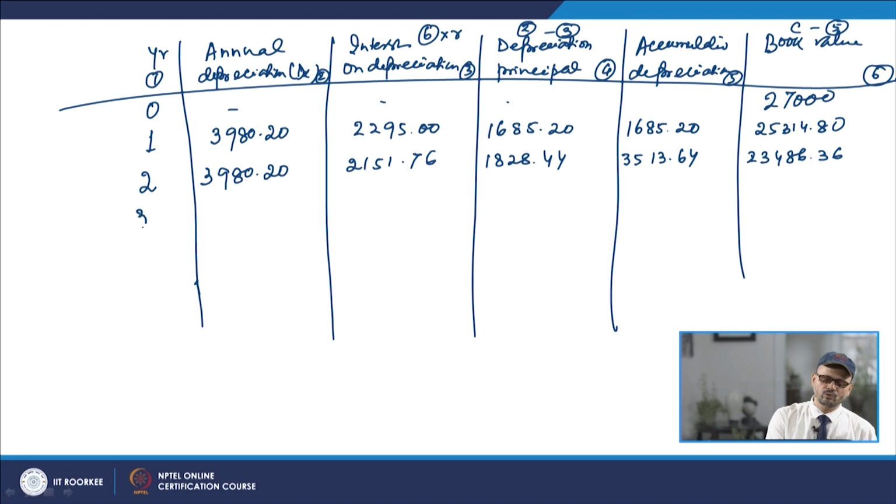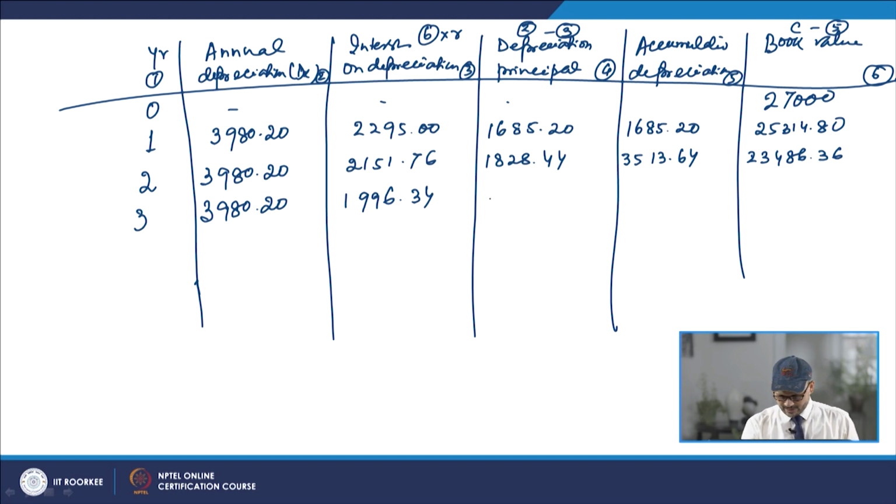Further, you can go for the third year, and again you get 3980.20. In this year again you have to calculate the interest on depreciation, which is 8.5% of this amount. That will be 1996.34, and this minus this will be further 1983.86.